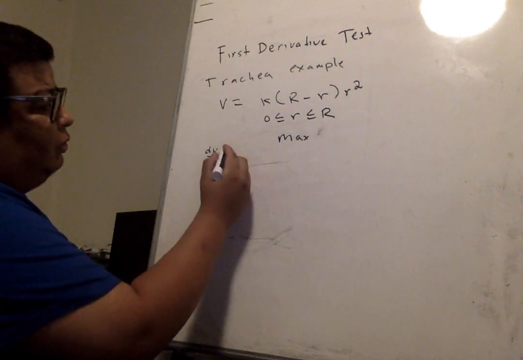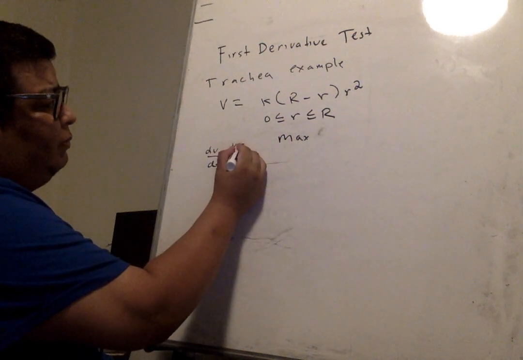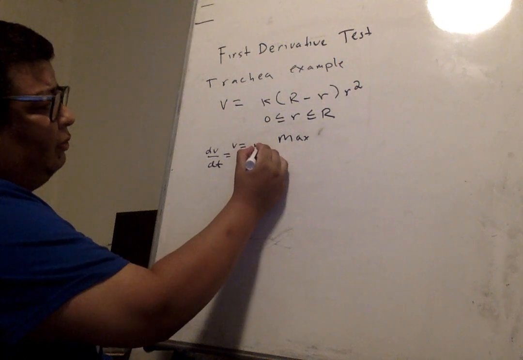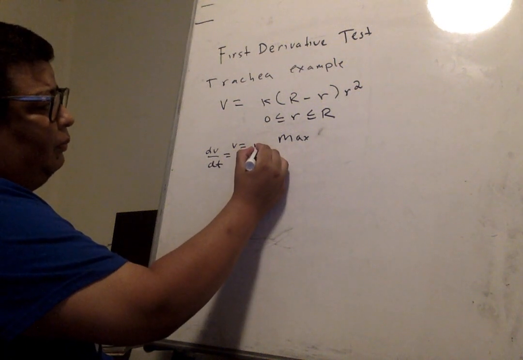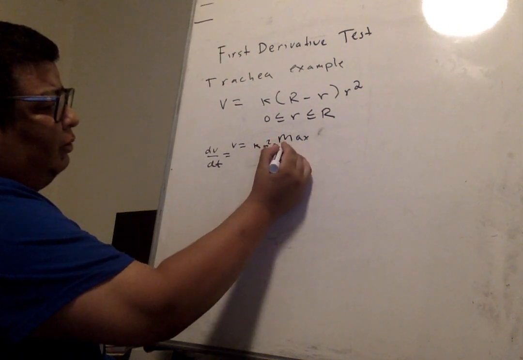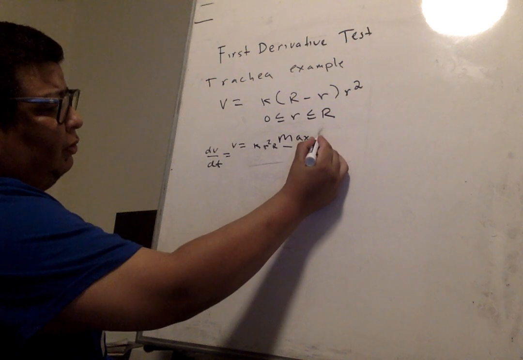So first I like to expand this first, so that's going to be k r squared r minus k r cubed.